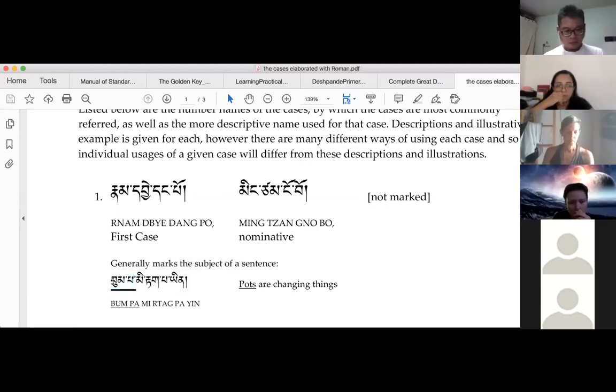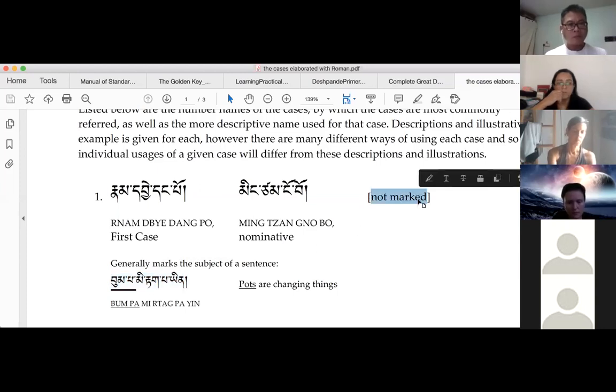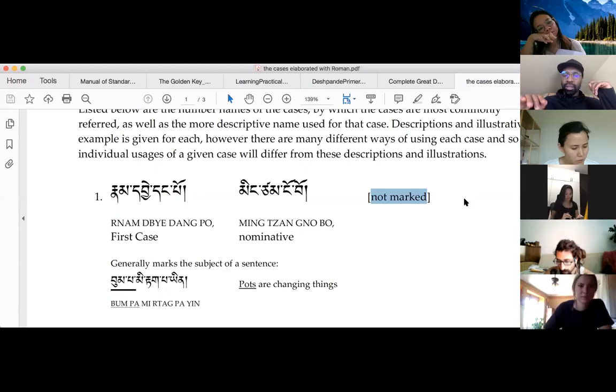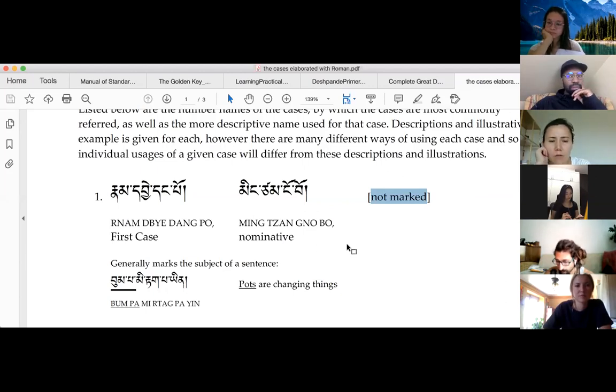So coffee cups are changing things. That's not marked. There's no additional word or letters added onto bumpa to indicate that it is the subject of the sentence. Understand?